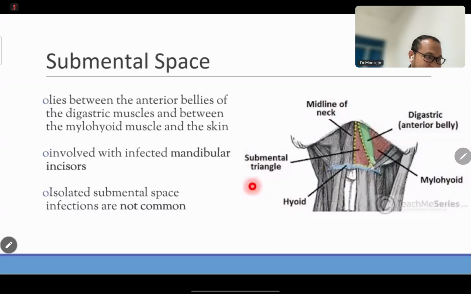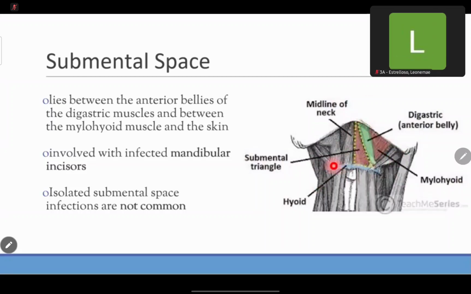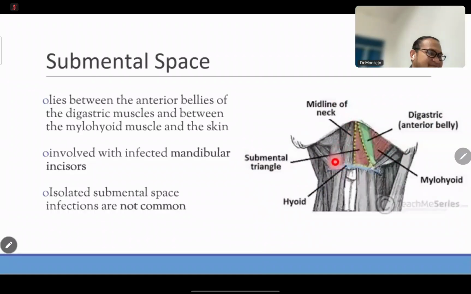Let's go back to the anatomy. What triangle is this? Submental triangle. What are its contents? What can be found in the submental triangle?